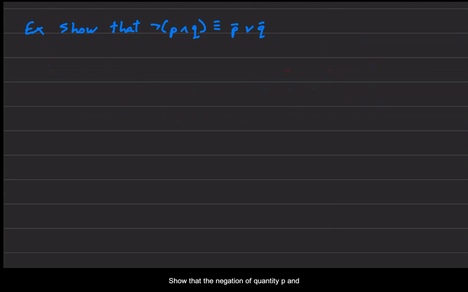Next, we'll look at an example. Show that the negation of the quantity P and Q is logically equivalent to the negation of P or the negation of Q. To do this, we'll set up a truth table.